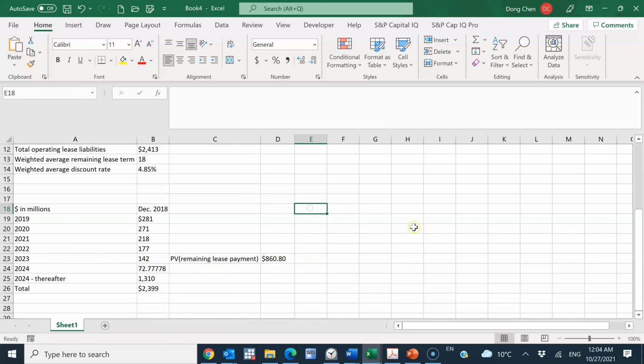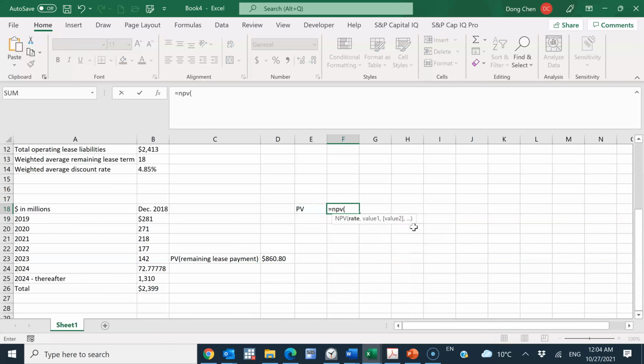So now I can calculate the true present value. This will be at 2019 year end. So again, I want to use the NPV function, 4.85%. And starting from the second input, I just put my cell starting from the first cash flow or the lease payment and press shift and drag all the way down to the last year.